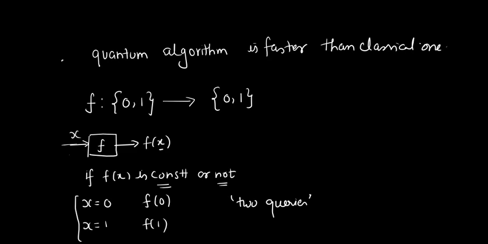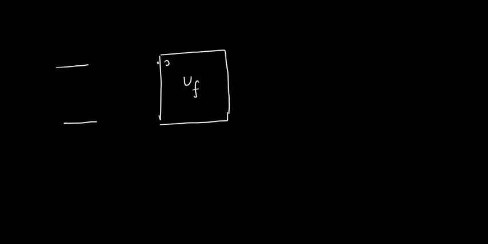What Deutsch did, he actually showed that we can solve this problem if we have an equivalent quantum circuit of this type, which is a unitary operator operating over two qubits, and this is what it does.